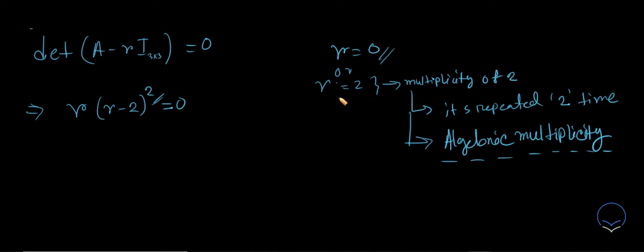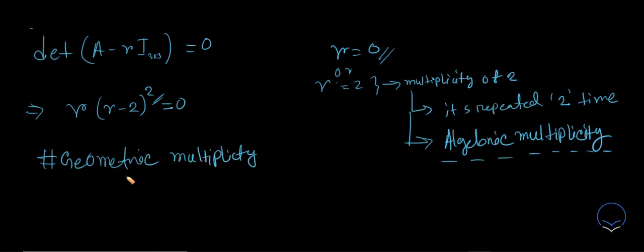However, since r equals 2 has been repeated 2 times, we expect that there will be 2 eigenvectors associated with it. So let me summarize. We call a term geometric multiplicity the number of eigenvectors.